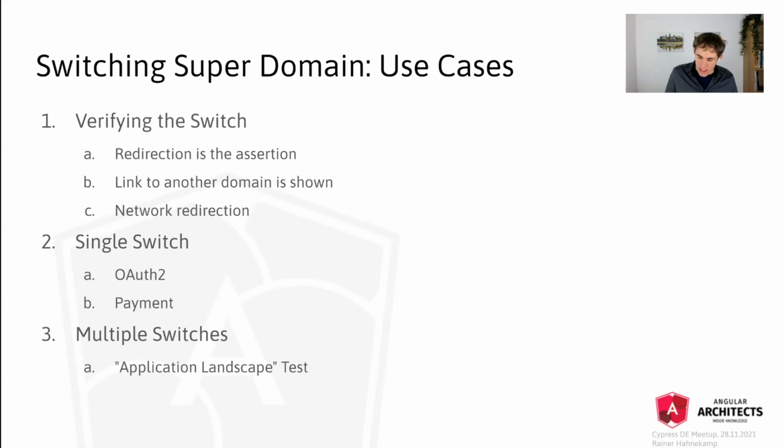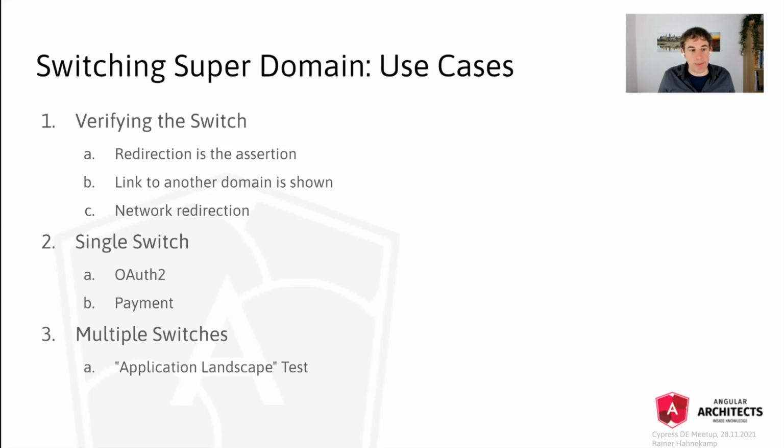This means that inside of our application we are doing some parts, and then we expect or want to assert that maybe a link appears, and we want to verify that this links really to another domain, for example. It can also be the case that we have a network redirection, so that this is not just a link, but that something inside of our application starts to navigate our user to somewhere else.